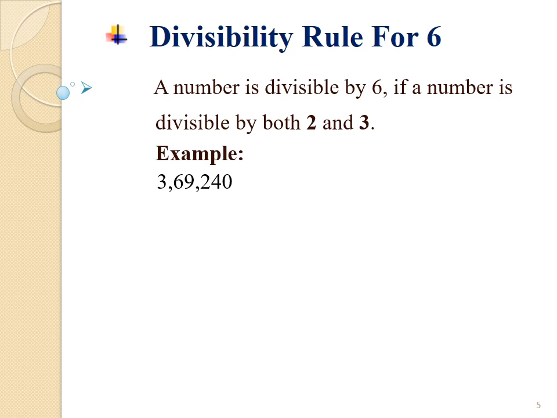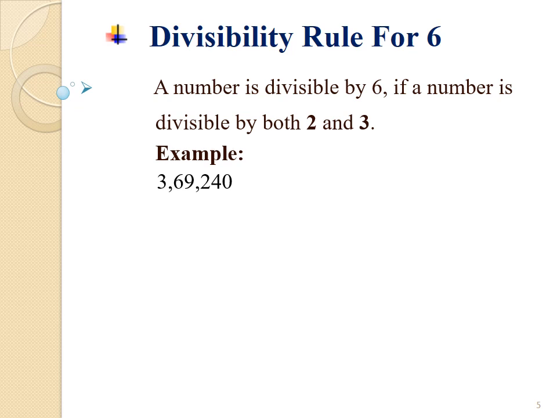So, now let's check whether 3,69,240 is divisible by 6 or not by checking whether it is divisible by both 2 and 3. First of all, checking whether 3,69,240 is divisible by 3 or not. Students, we came to know that in order to check whether a given number is divisible by 3 or not, we have to find the sum of its digits.